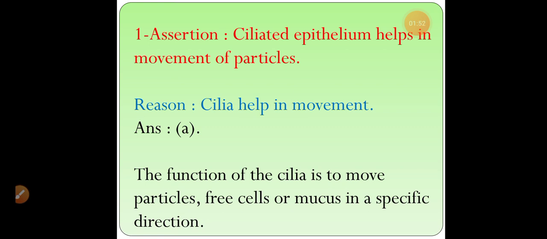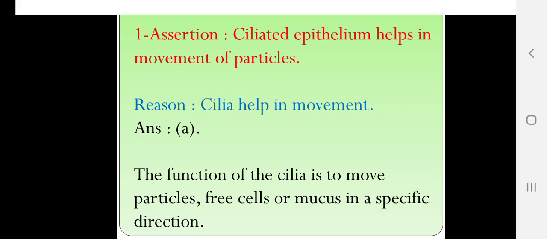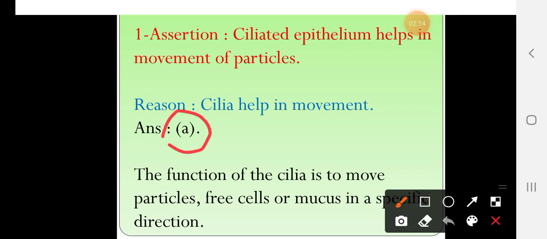And when we see the reason, cilia help in movement. So here assertion and reason both are true, as well as the reason given here is the correct explanation of assertion. So because of that, we will choose the correct option A.